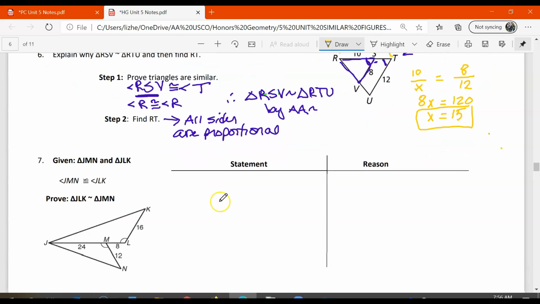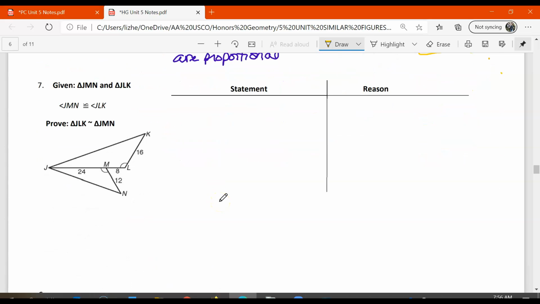Okay, this is a proof, so we have to write everything out. So we are given that we have triangle JMN, this little triangle right here, and triangle JLK.